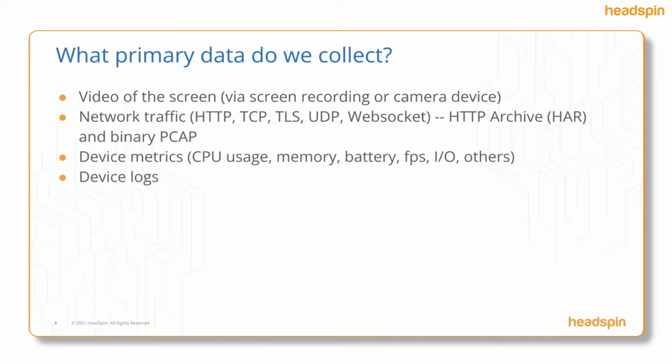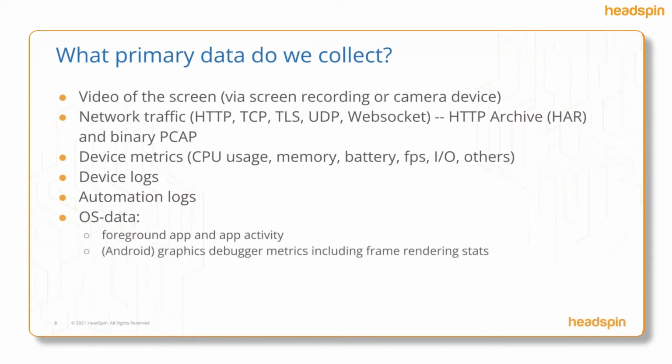Device logs. For Android, that would be the logcat. Automation logs. If you're running an Appium or Selenium script, we'll automatically capture those automation logs and make those accessible. And then operating system level data, such as the foreground app and app activity, which application you're currently using, as well as which screen within that application you're using.